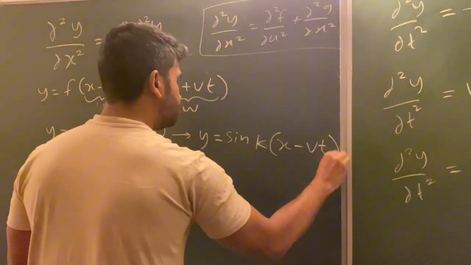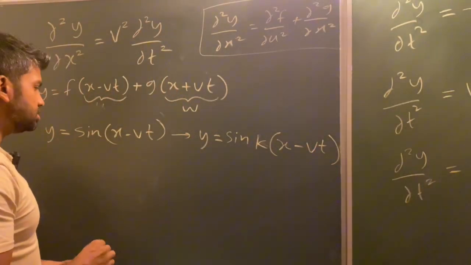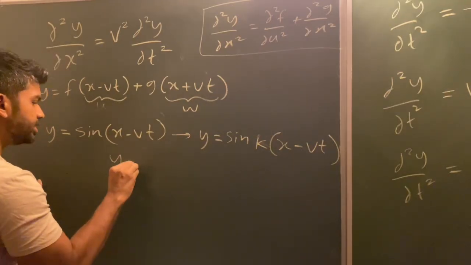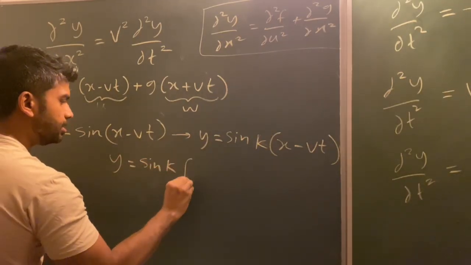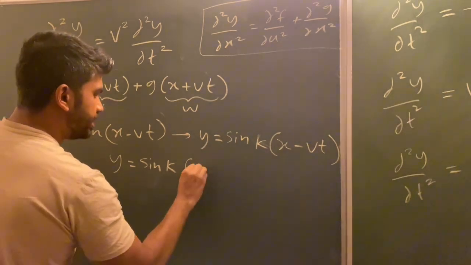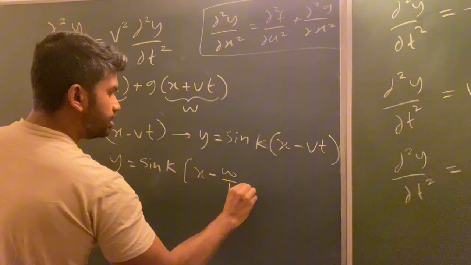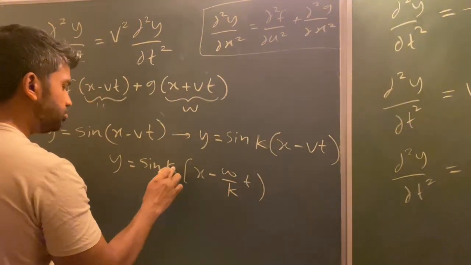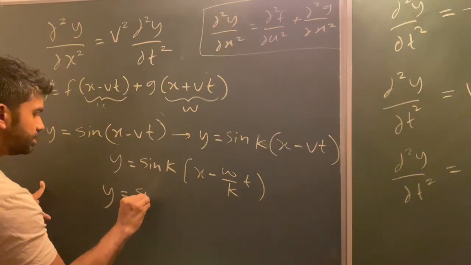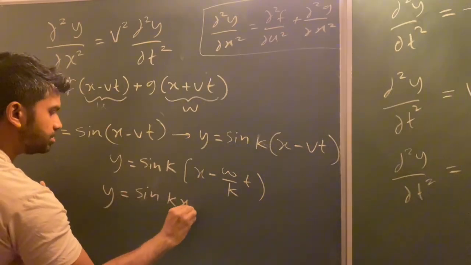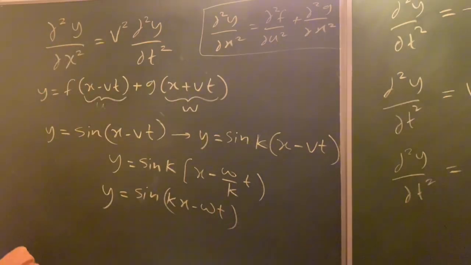Even that's fine because k is a constant, so you end up with y is equal to sin of k times (x minus (omega over k) t), and when you put the k inside the bracket, we end up with sin(kx minus omega t). So this is a perfect solution.